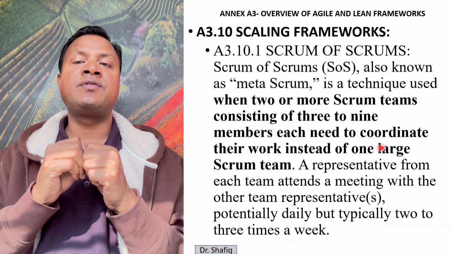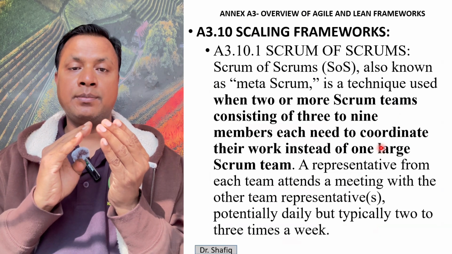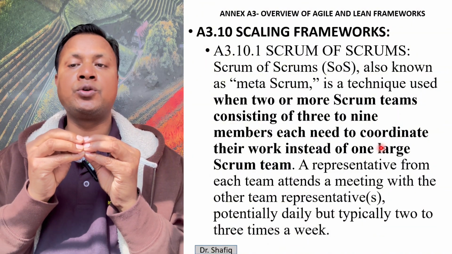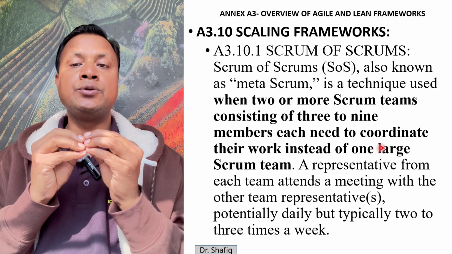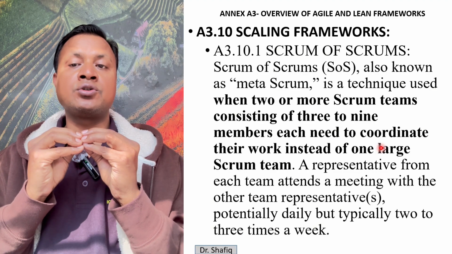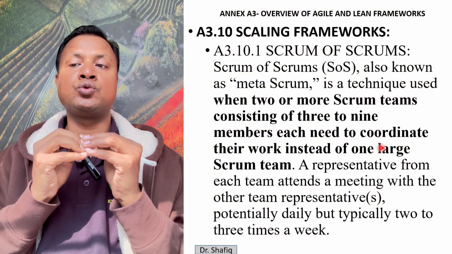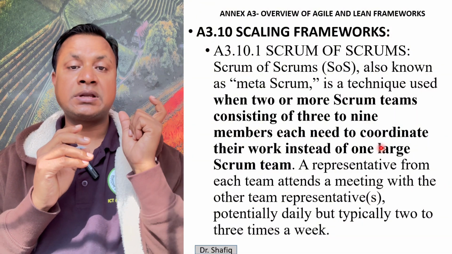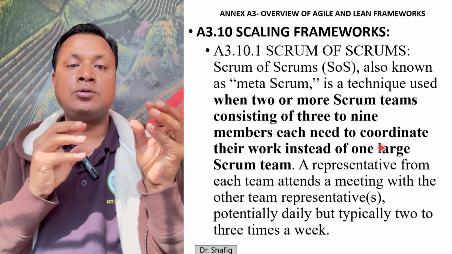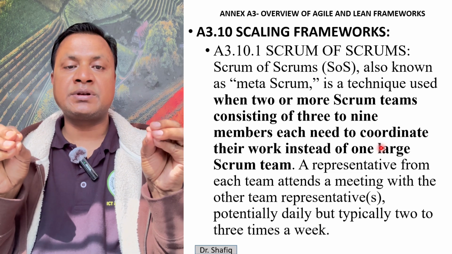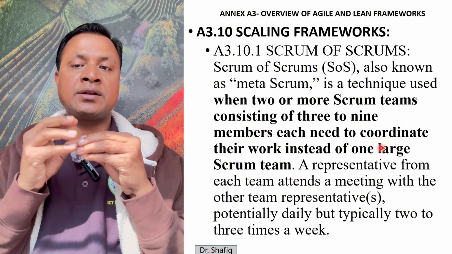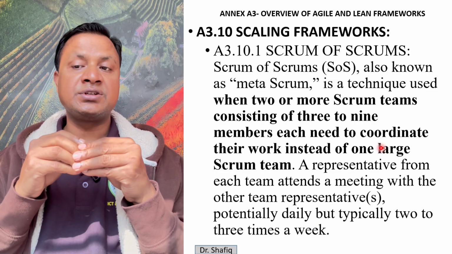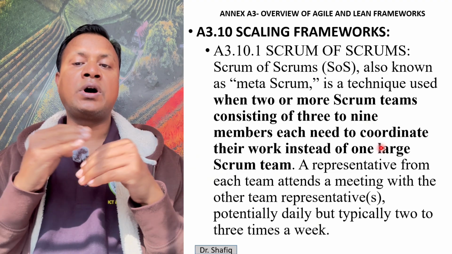Now the scaling framework, the Scrum of Scrums. The word is Scrum of Scrums. So Scrum of Scrums, also known as Meta Scrum, is a technique used when two or more Scrum teams consisting of 3 to 9 members each need to coordinate their work instead of one large Scrum.